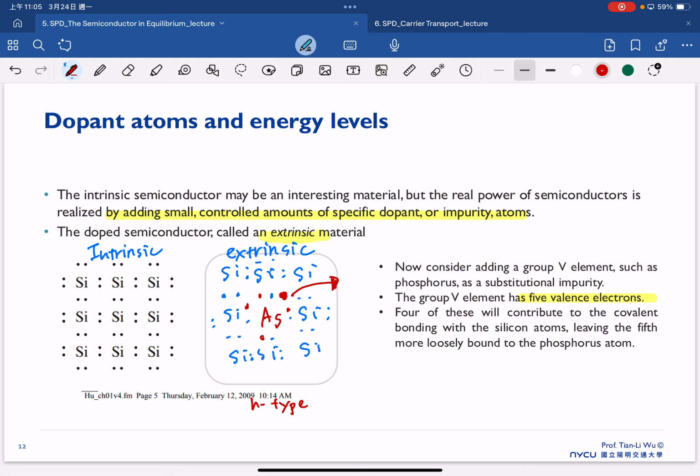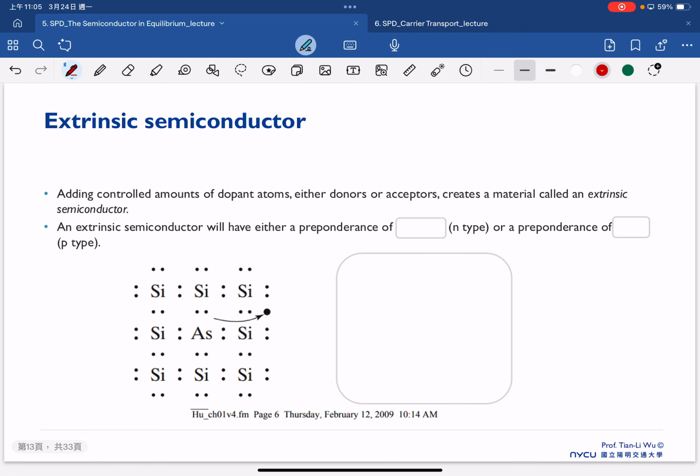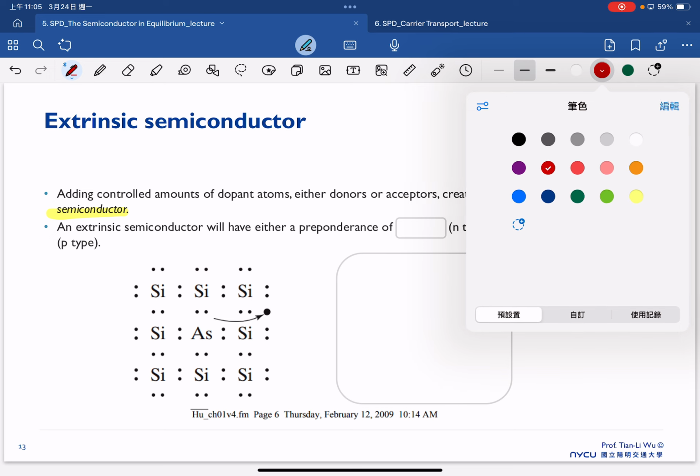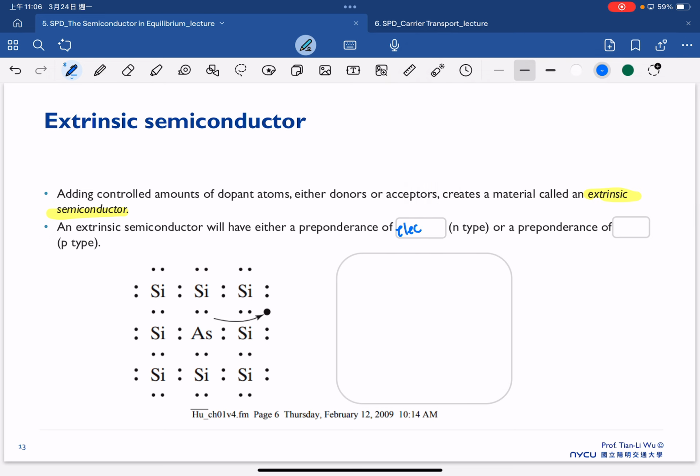But now, similarly, not only for the donor and acceptor, we can actually have extrinsic materials, and this extrinsic material will have the case that it is full of electrons, which will be the N-type, or full of holes, which will be the P-type.